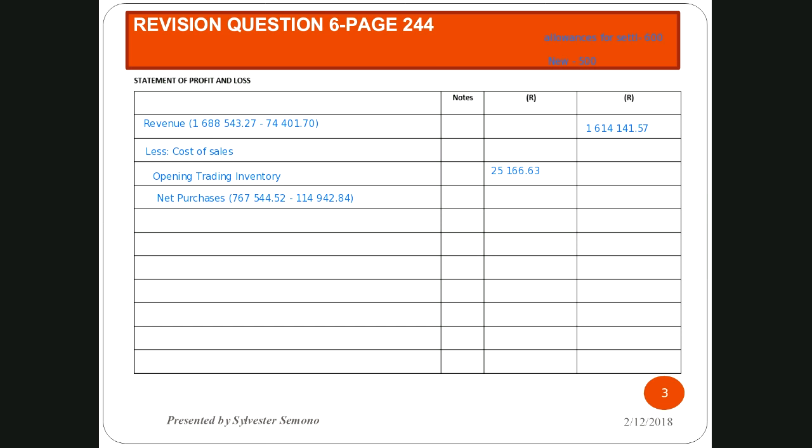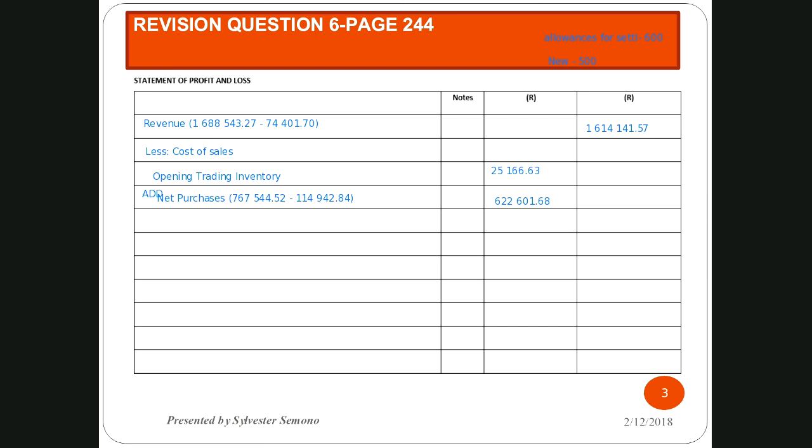And we're going to put it here as 62601.68. This is our net purchases. Remember, you need to add these net purchases. Let me just put add here.